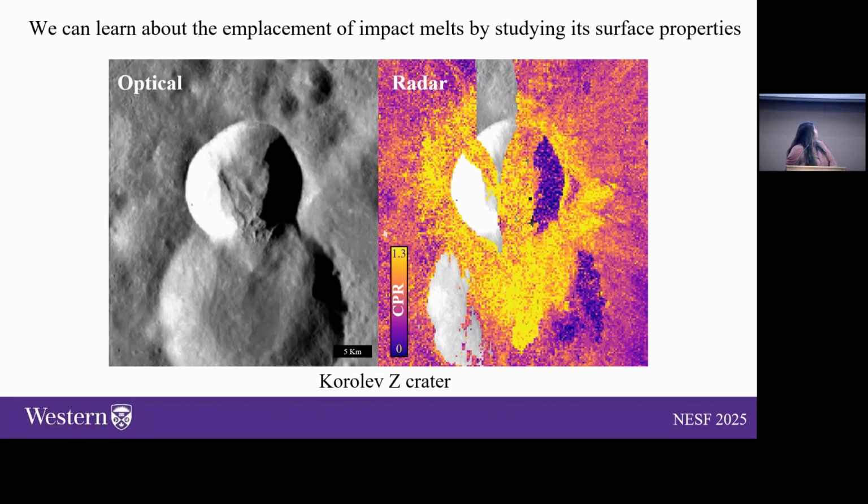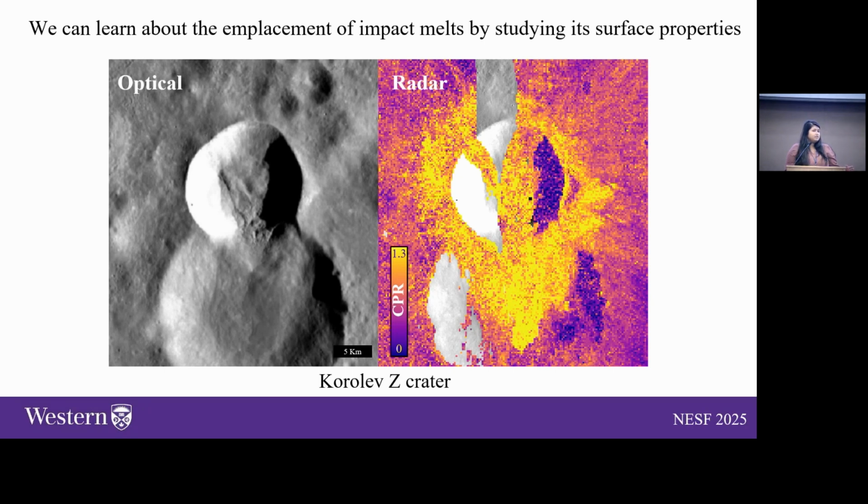What we see in the lower end of the crater has high CPR. The image on the right is a radar Mini-RF S-band circular polarization ratio map, which can be used as a proxy for surface roughness. The high surface roughness regions that we see in the southern rim of the crater are basically impact melts.